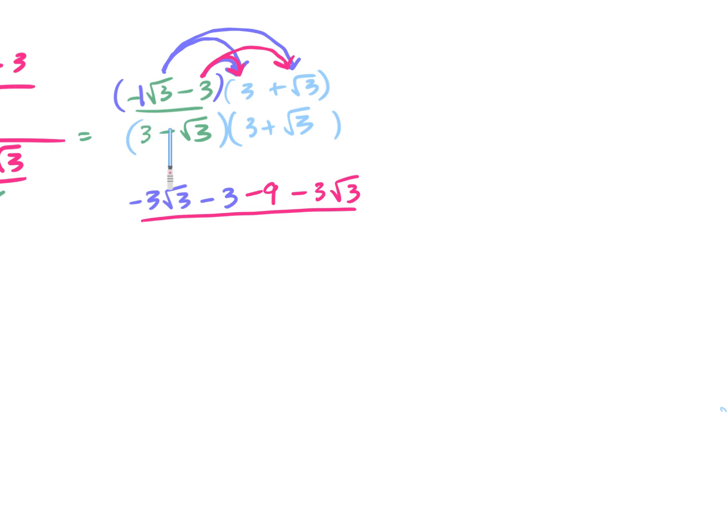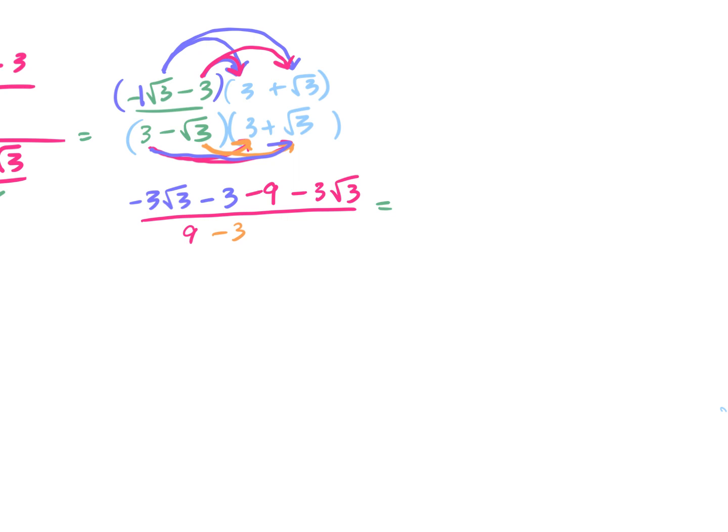Ready? What's 3 times 3 going to get me? We got a 9 here. Root 3 over 3. Plus root 3 over 3. Minus root 3 over 3. Cancel that plus 3, minus 3. We're almost there. Picture this as negative 3x minus 3x. That'd be negative 6x.